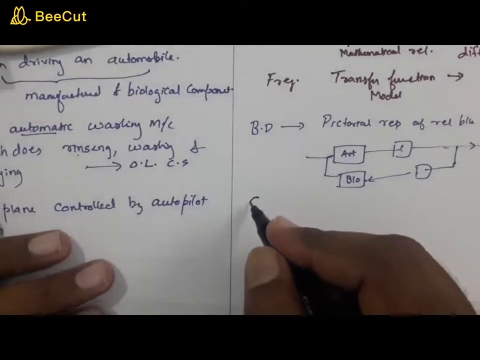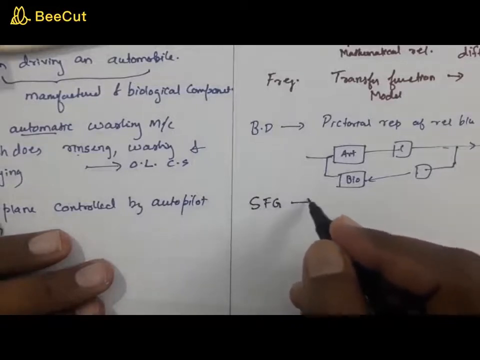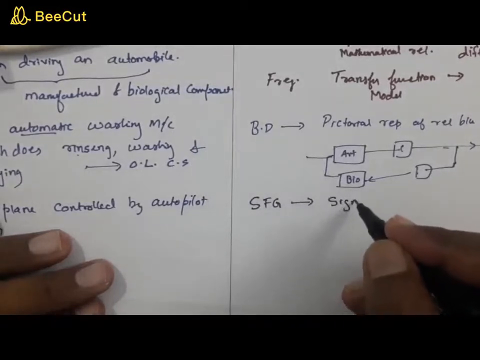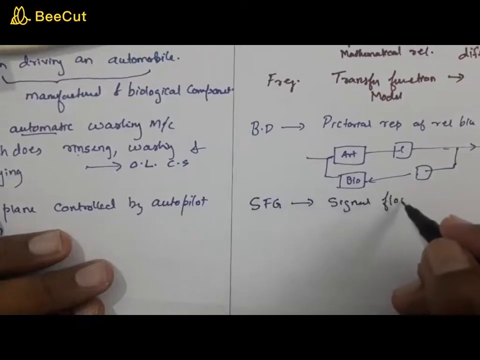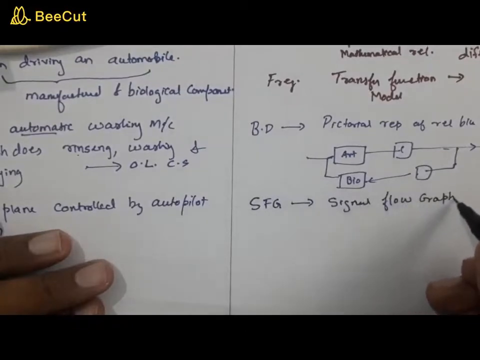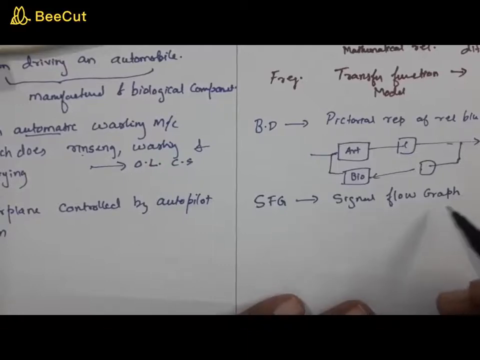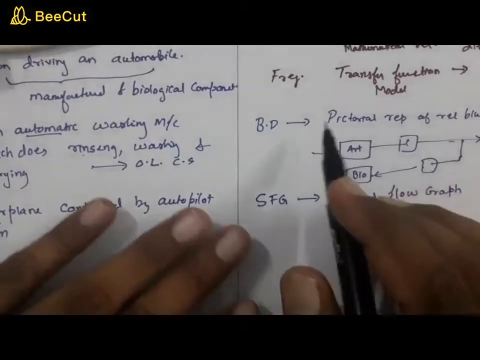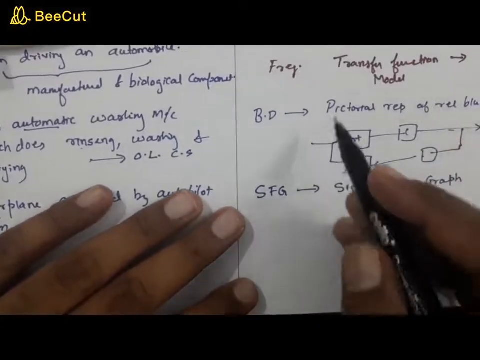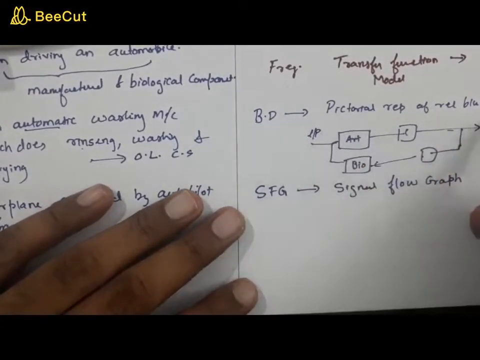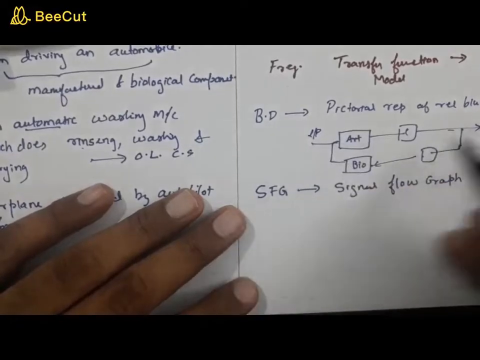Then finally you have SFG. SFG stands for signal flow graph. Okay, signal flow graph. It is basically just like the block diagram, and it will be represented as lines which give a path. Suppose consider this as a system. Here you will be having an input and your output. Now there can be different ways by which the input goes and finally reaches the output.